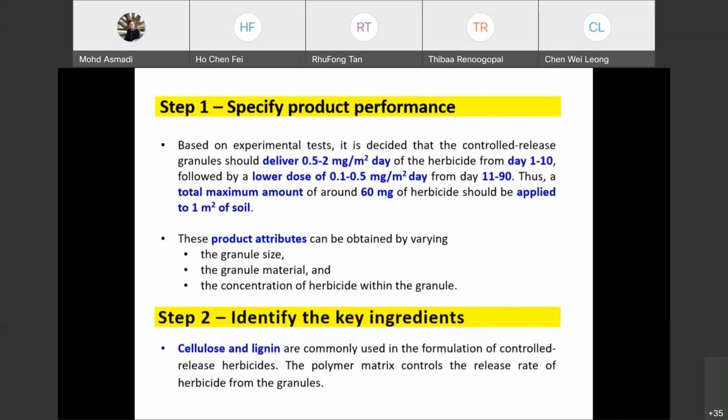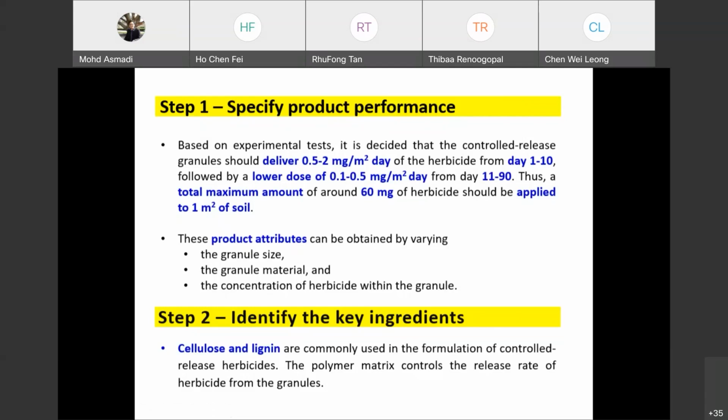The product should deliver 0.5 to 2.0 milligram per square meter per day from day 1 until day 10, followed by a lower dose, 0.1 to 0.5 milligram per square meter per day, from day 11 to 90. Meaning that we can release the herbicide for up to 90 days.